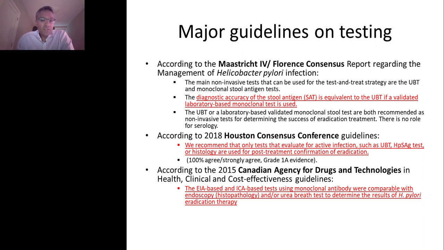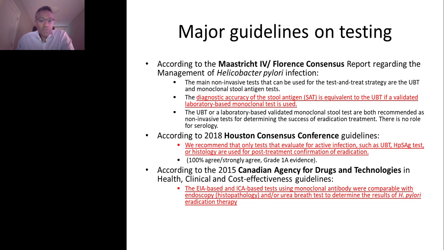Turning to the United States, the 2018 Houston Consensus Conference recommends that only tests that evaluate for active infection, such as the urea breath test, the stool antigen test, or histology, are used for post-treatment confirmation of eradication. And this was grade 1A evidence.